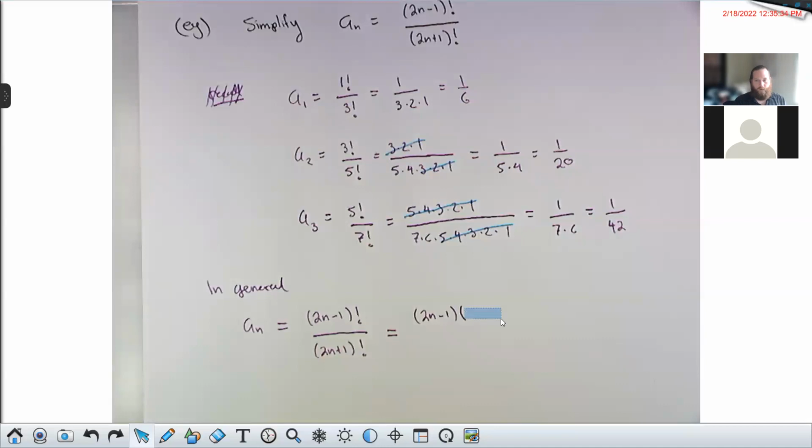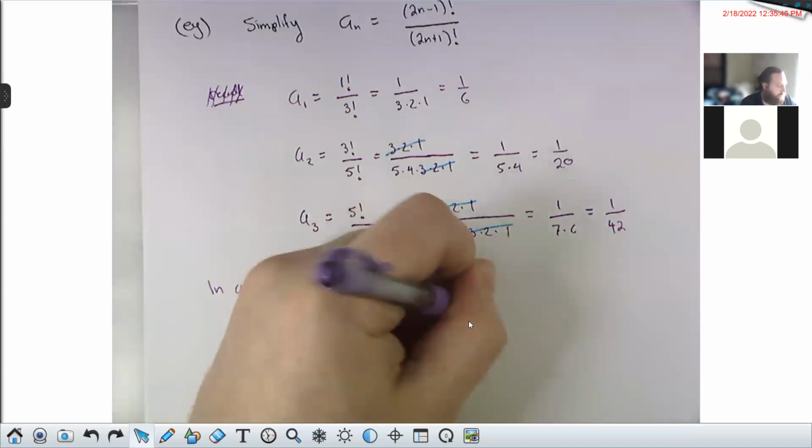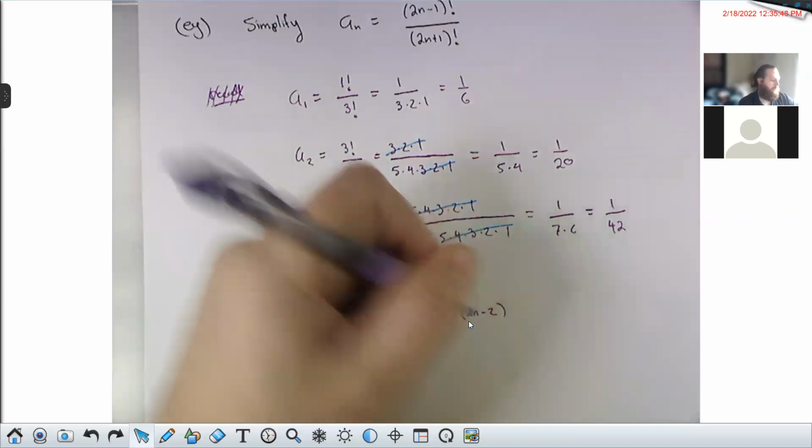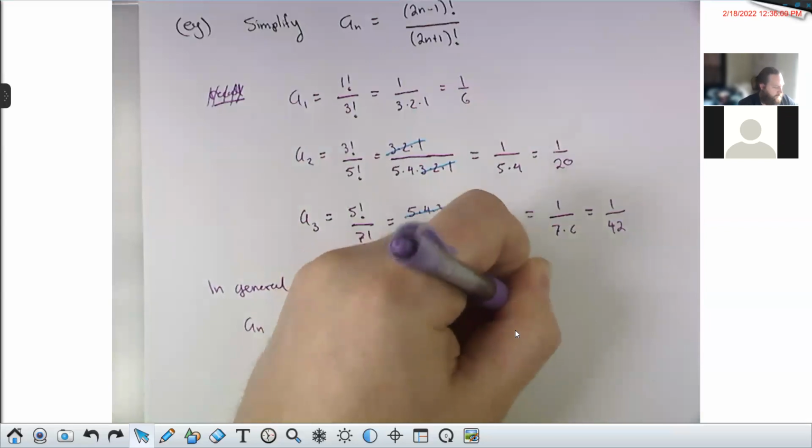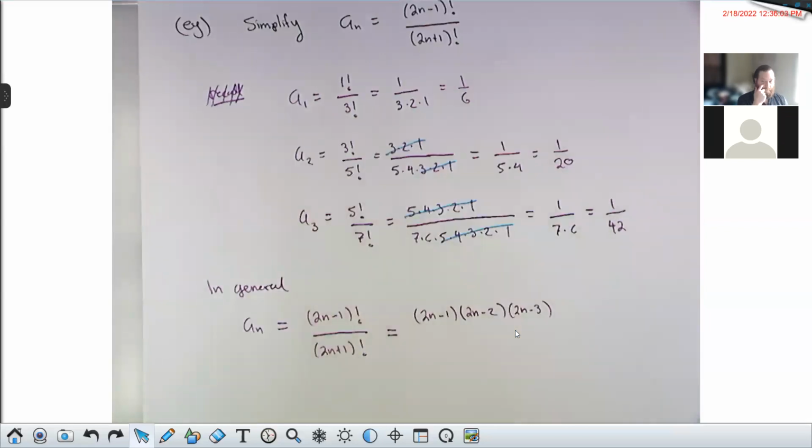So the next term in the numerator, if I'm starting at 2n minus 1, is going to be the number right below that, or that number minus 1. 2n minus 1 minus 1 is 2n minus 2. So that's like the 5 times 4. The next number right below 2n minus 2 is 2n minus 3. The next one would be 2n minus 4, then 2n minus 5.